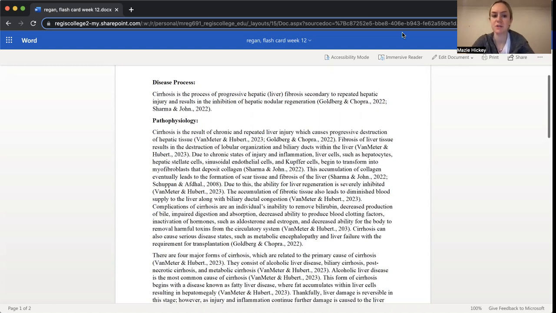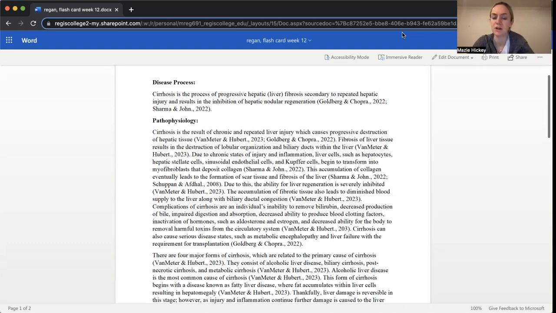Fibrosis of liver tissue results in the destruction of the lobular organization and the biliary ducts within the liver. Due to chronic states of injury and inflammation, liver cells such as hepatocytes, hepatic stellate cells, sinusoidal endothelial cells, and Kupffer cells begin to transform into myofibroblasts and deposit collagen as a result.